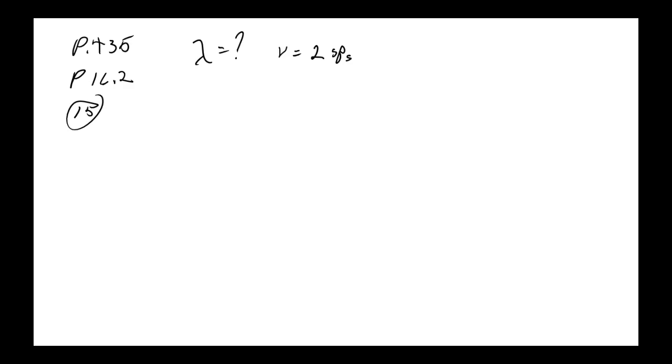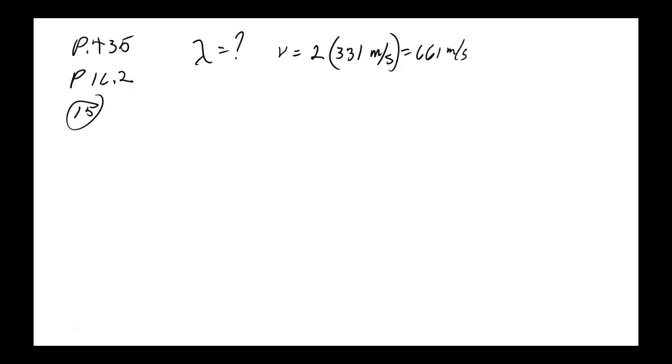The speed of sound is 331 meters per second. So let's call that 2 times 331 meters per second, which is equal to 661 meters per second. Why in the world they phrased it that way, I don't know.